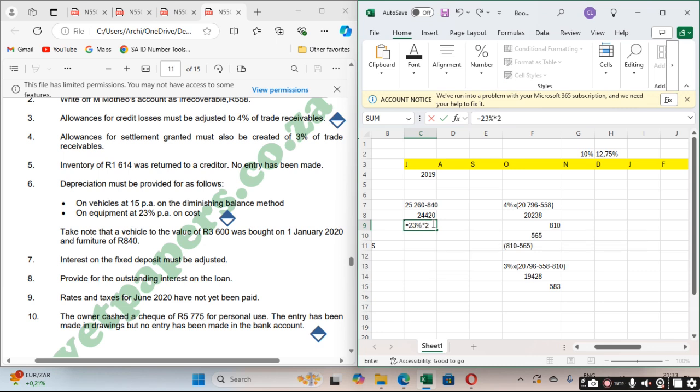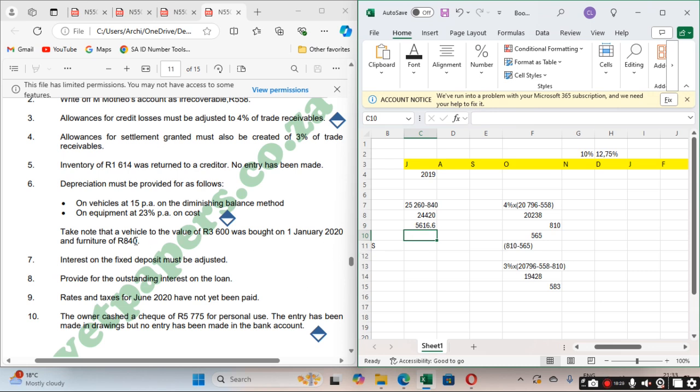Multiplied by 24,420, and then you get your answer. So this is going to form part of our depreciation for the old equipment. This is the depreciation for the old equipment, and then for the new equipment, same process.